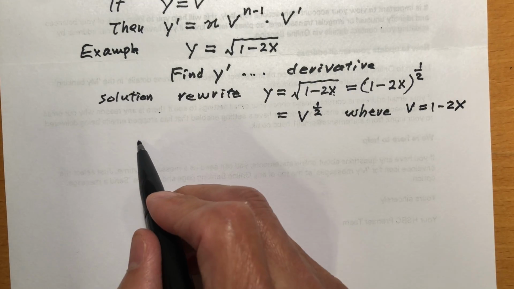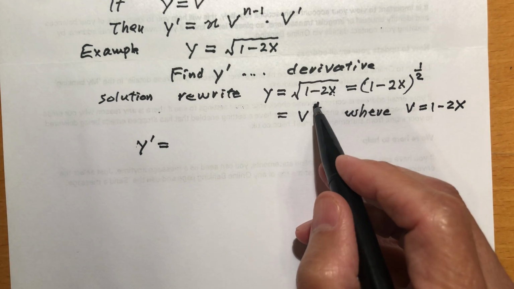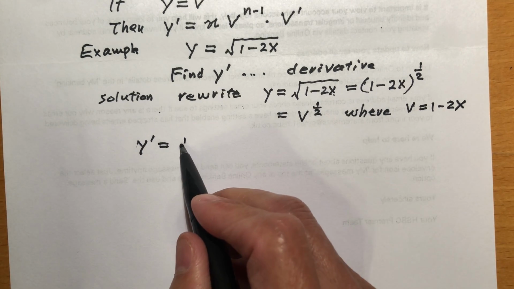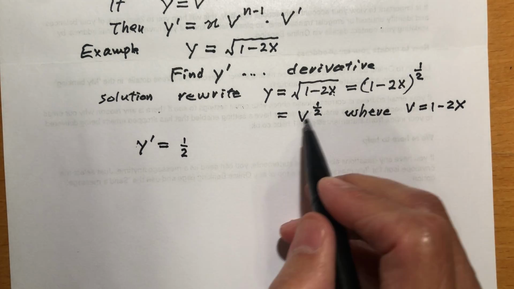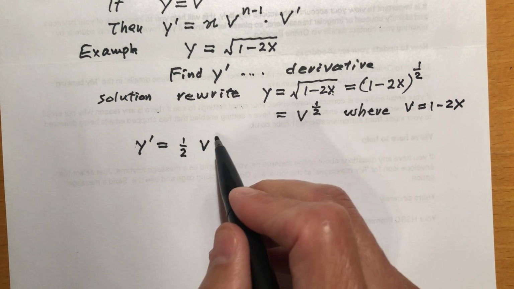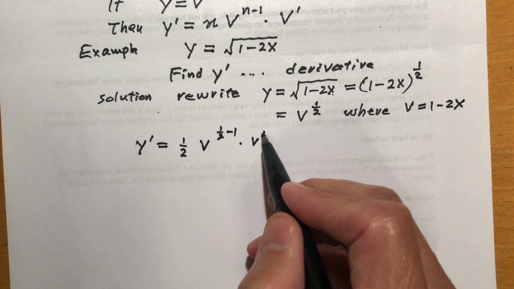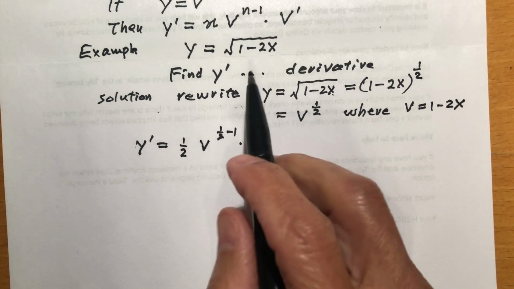So y prime is n, 1 over 2, v to the power of this minus 1, times v prime. That's the general power rule.